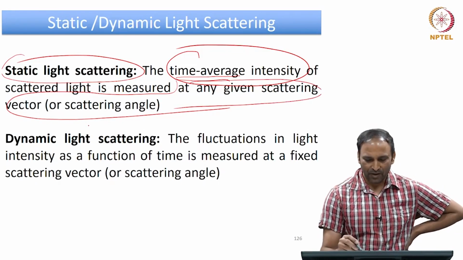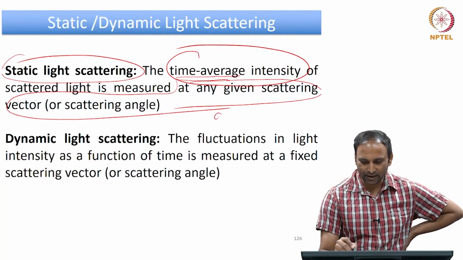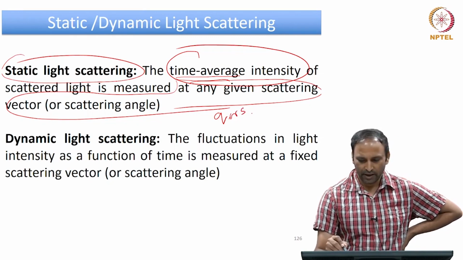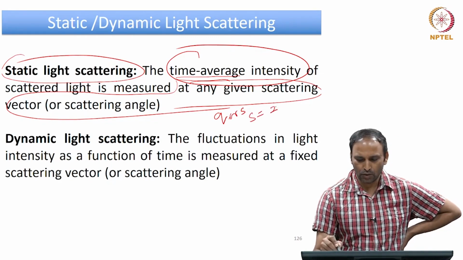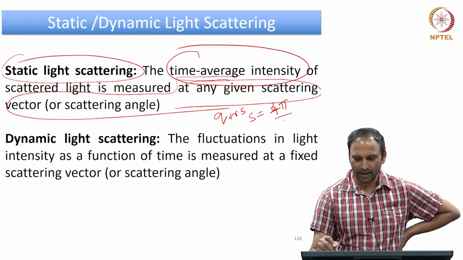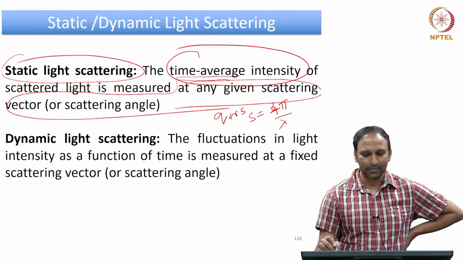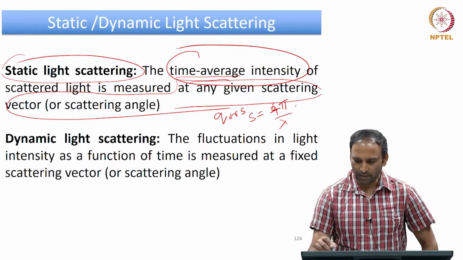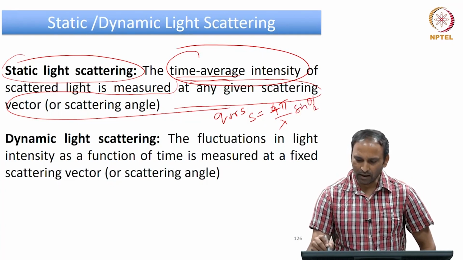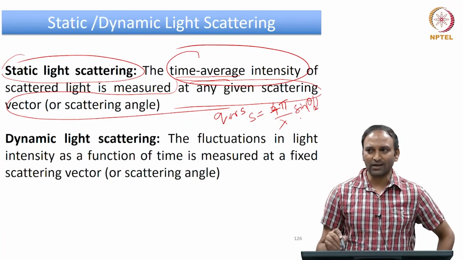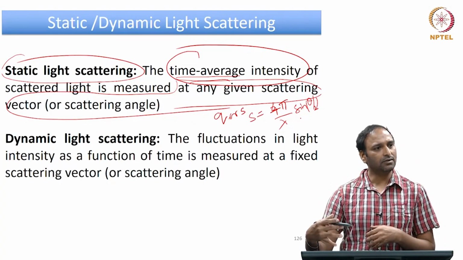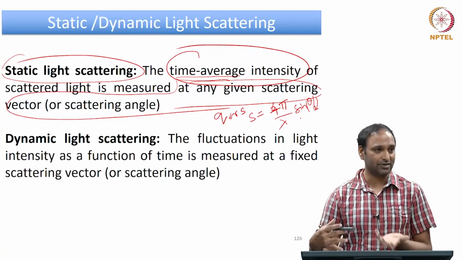That scattering vector is defined something like this. People typically use either Q or S. It goes as 4 pi divided by lambda, where lambda is the wavelength of the radiation source that you are using, multiplied by sine theta by 2, where theta is the angle at which you are collecting the scattered intensity.